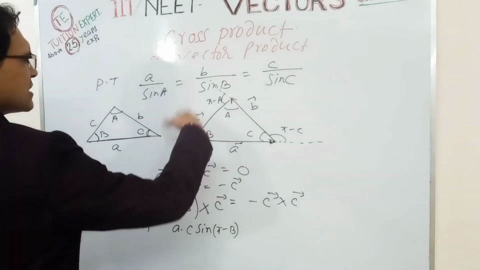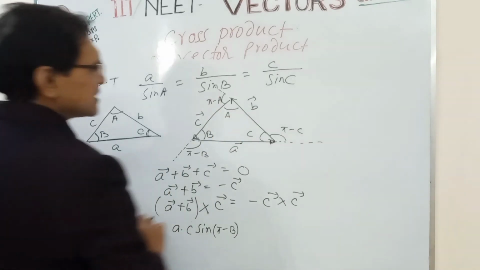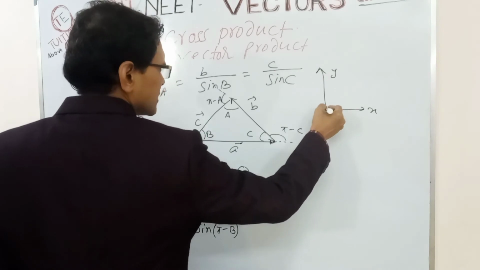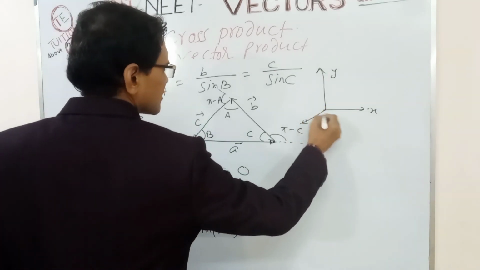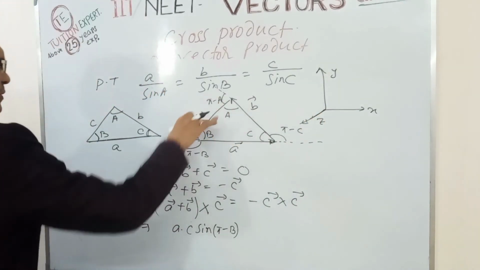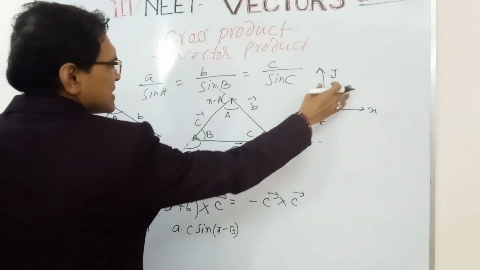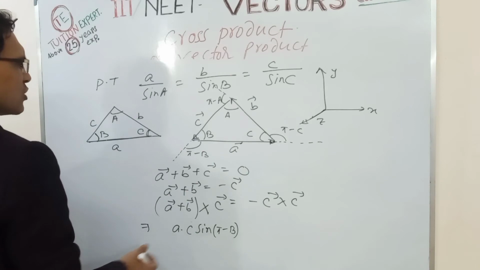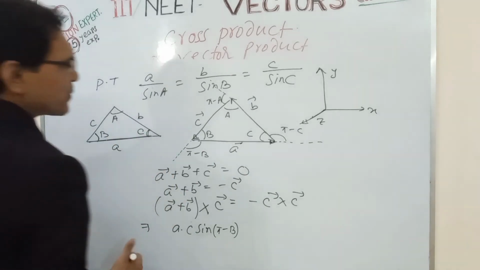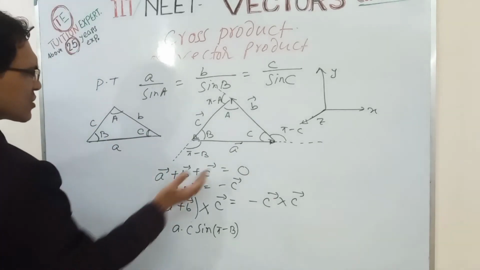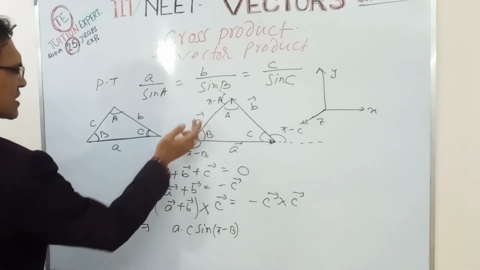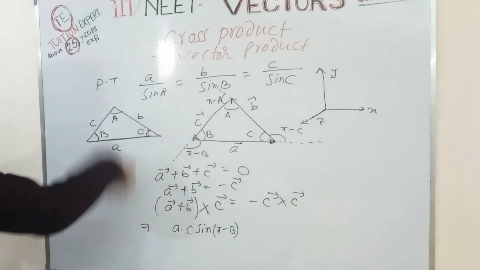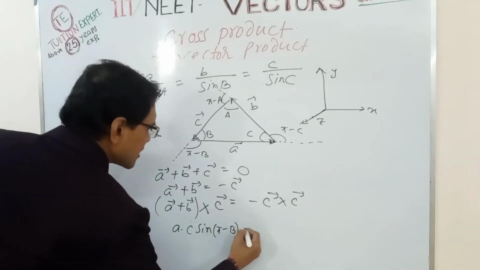Suppose a, b, c lie in the xy plane. If the triangle lies in the xy plane, then the direction of a cross c will be along the normal to the xy plane, so we take a cross c as the result of minus k.